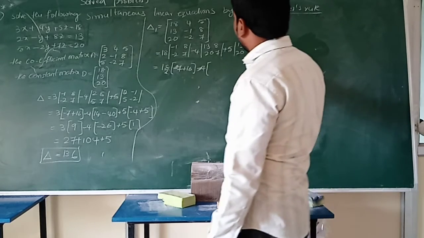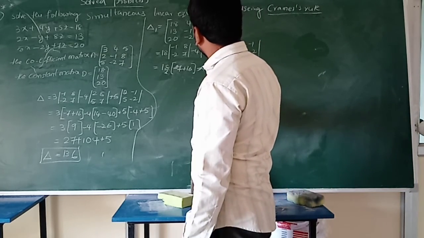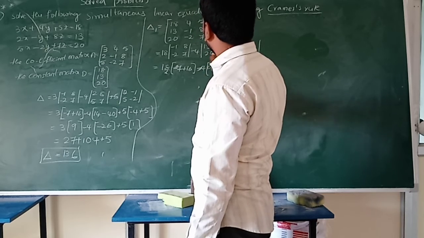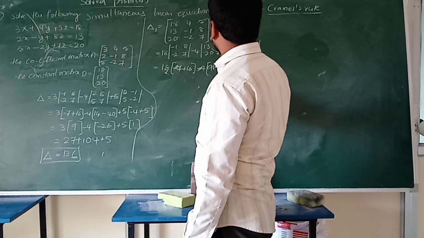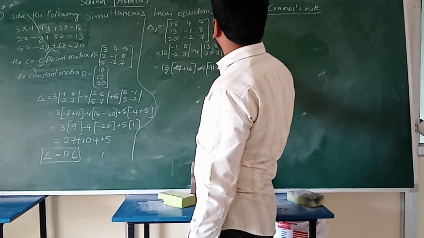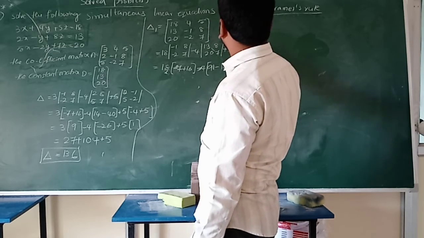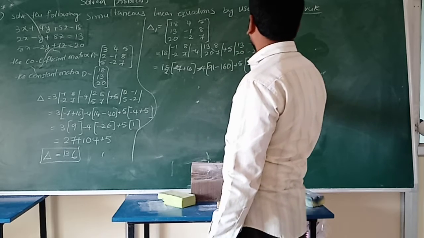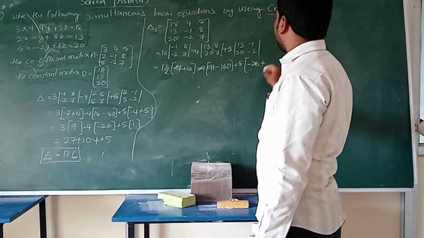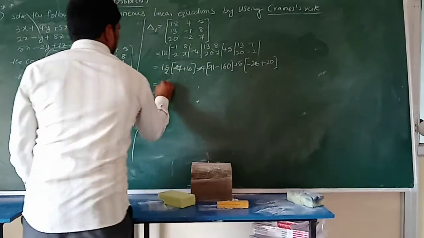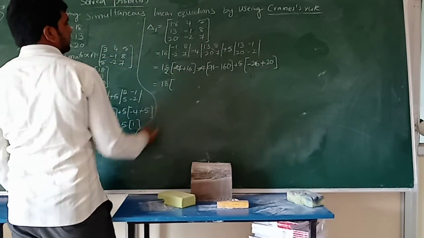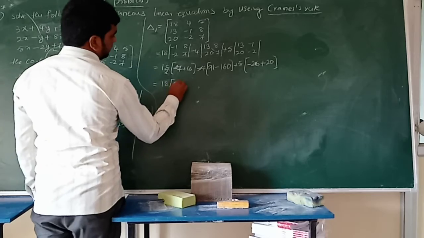Okay, 91 minus 8 2s are 16, 160 plus 5 into 13 2s are 26, minus into minus plus 21s are 20. That is equal to 18 into minus 7 plus 16, that is 9.